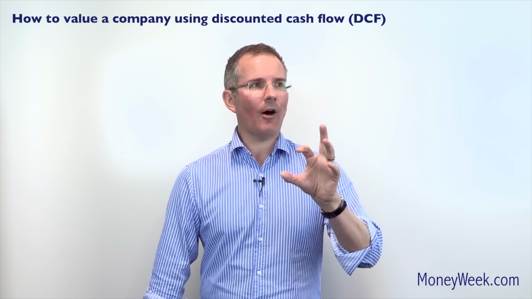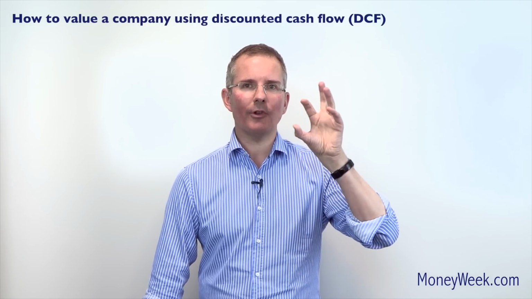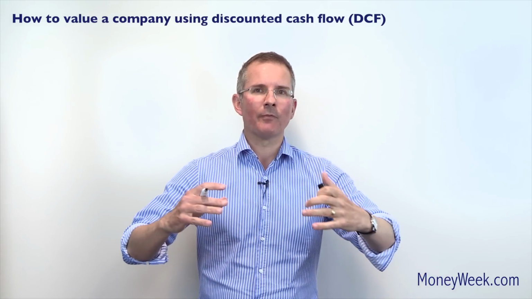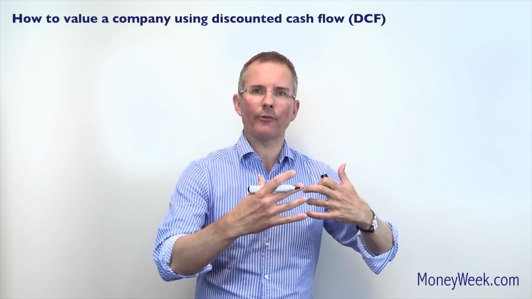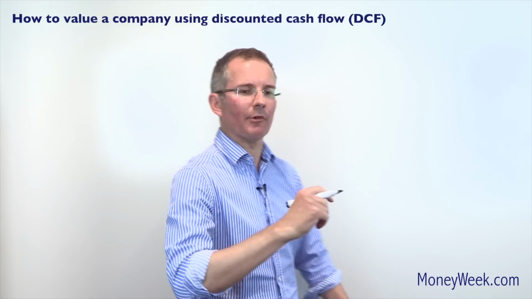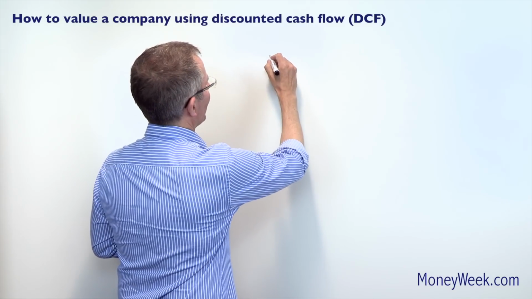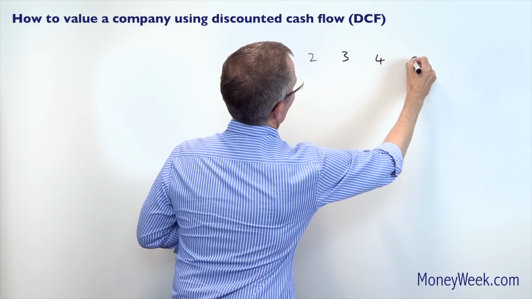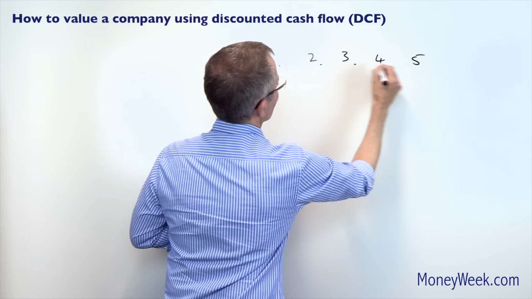You would say, right, I reckon I can forecast the cash flows for this company over the next 5 years. All right? And imagine I've managed to do that. So I've managed to forecast sales, costs, to get to some kind of profit, turn that into cash flow, and I'm comfortable that I can say over the next 5 years, so there's 1, 2, 3, 4, 5 years.